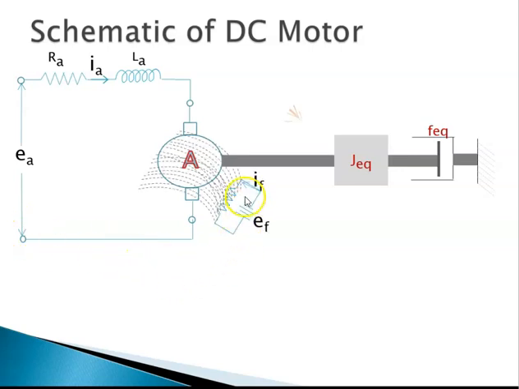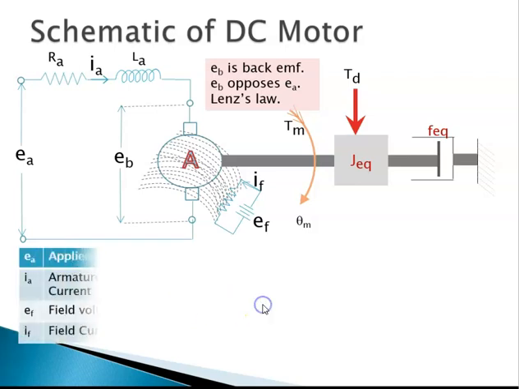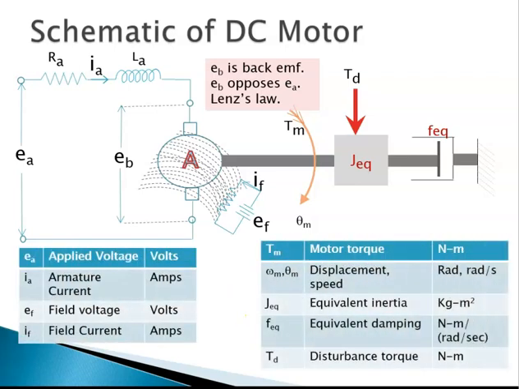Along with that, you have field windings which generate magnetic lines of flux, which when they cut the current carrying conductor, you have a torque developing. When torque develops, motor moves. When all this is happening, you have certain back EMF appearing. This back EMF, we recall, opposes the applied voltage. With this setting, we will indicate the nomenclature that we use, which is as listed over here.